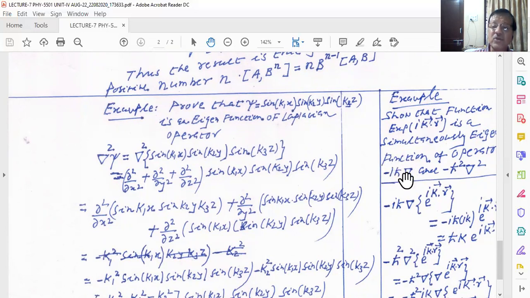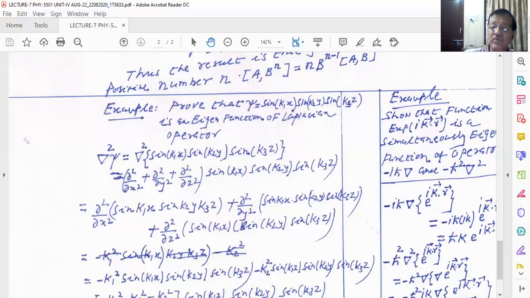The eigenvalue is h cross k. Please remember, because you see this eigenfunction is reproduced. So the eigenvalue for e to the power of ik dot r is basically h cross k.